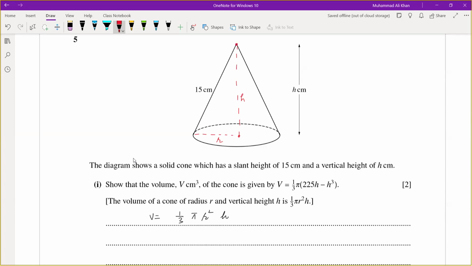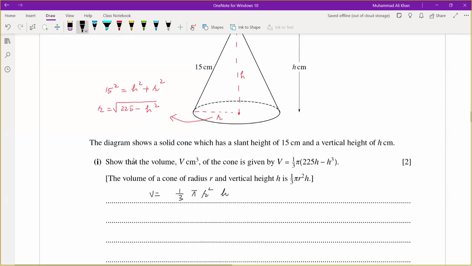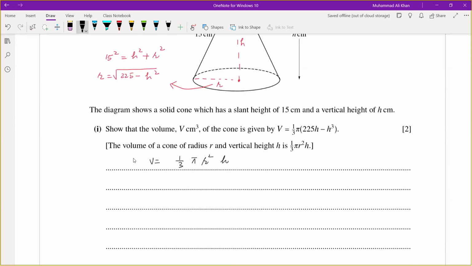Now, अब आप देखिए, what is the length of the radius? How to calculate the radius? If I use Pythagoras theorem, 15 squared equals to h squared plus r squared. So according to this, r equals to under root 15 squared is 225 minus h squared. ये r की जगह पर आ जाएगा. अब आइए r की जगह पर r की वैल्यू रखते हैं और आंसर कैलकुलेट करते हैं.